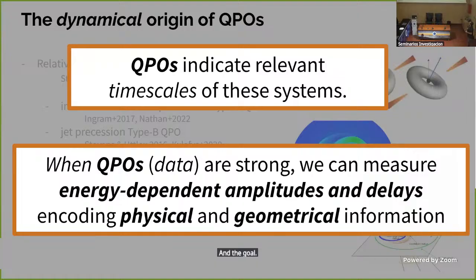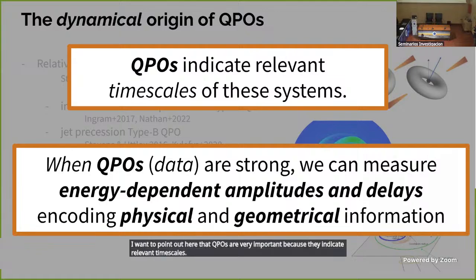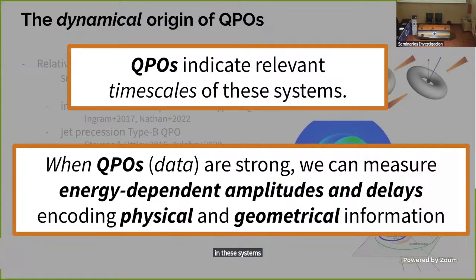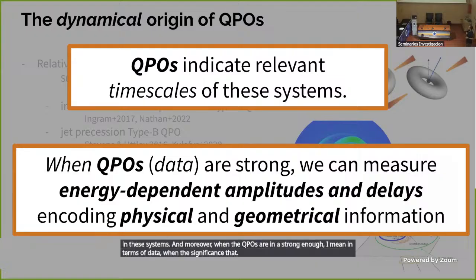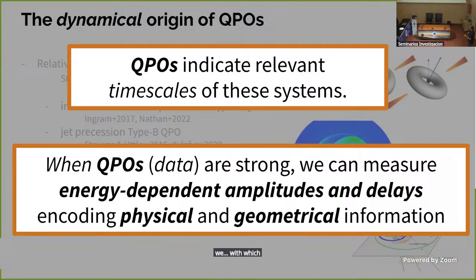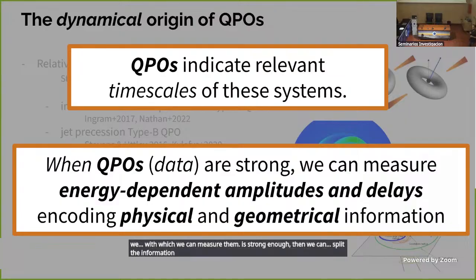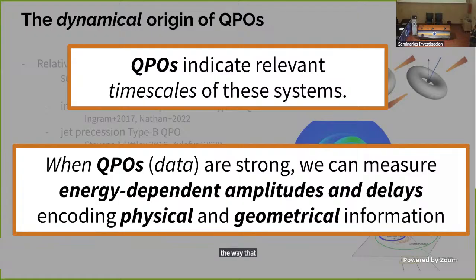But in any case, I want to point out here that QPOs are very important because they indicate relevant timescales in these systems. And moreover, when the QPOs are strong enough, I mean in terms of the significance with which we can measure them, then we can split the information thanks to the way that X-ray astronomy works. I'll explain that in a minute.